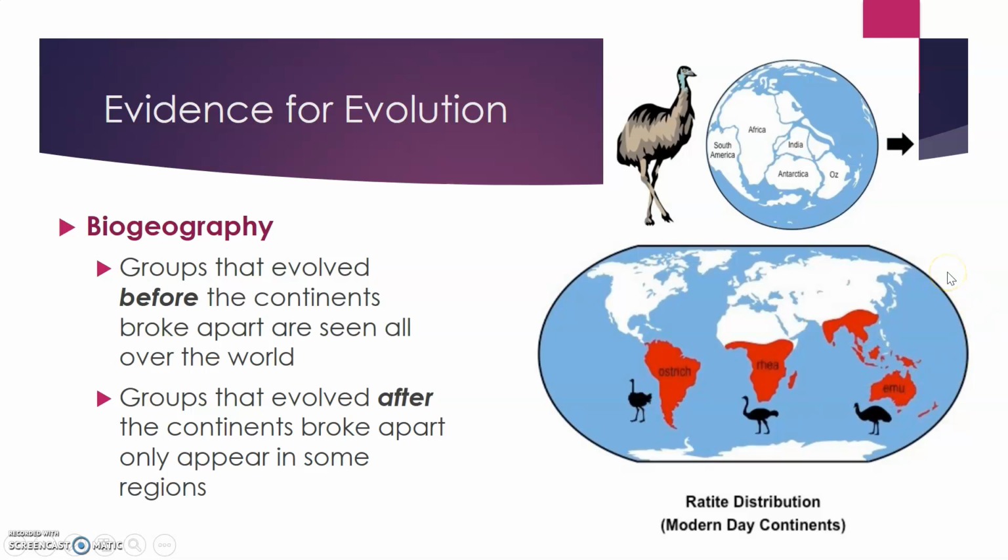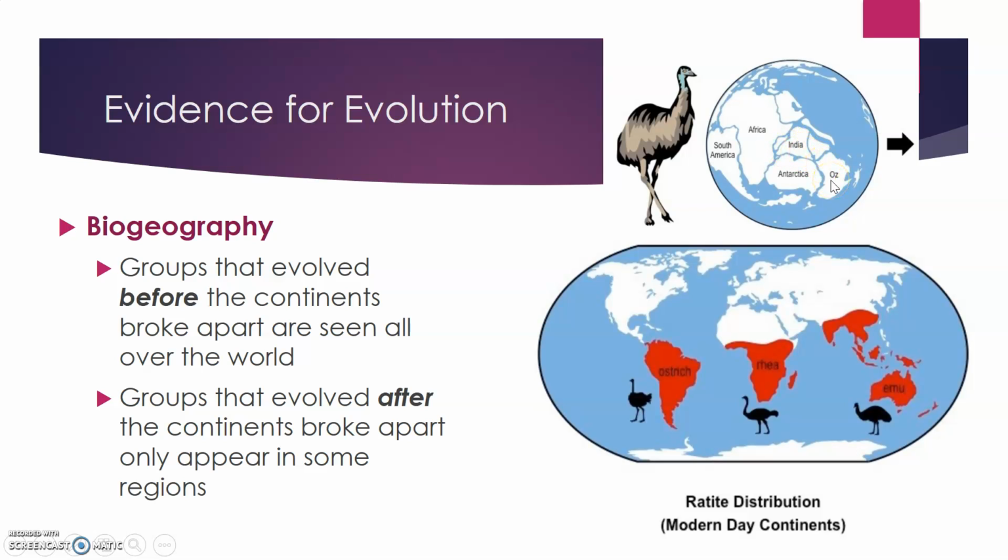And what biogeography would argue is that it would be almost impossible for these organisms to appear and look so similar to each other if they all didn't originate from the same point. And what you'll notice in this map up here is that South America, Africa, as well as Australia were once quite close to each other, and that includes India here.